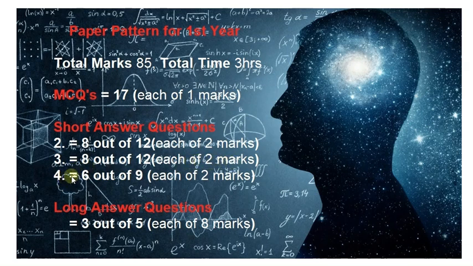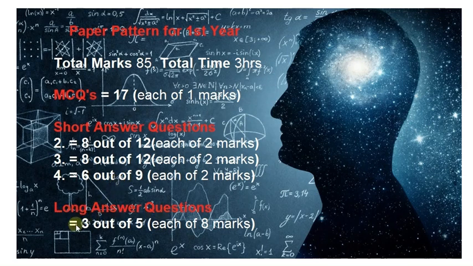Number 4, total 9 questions are given, out of which you can solve 6, each of 2 marks. Later on we will discuss which chapters are included in question number 2, 3 and 4.